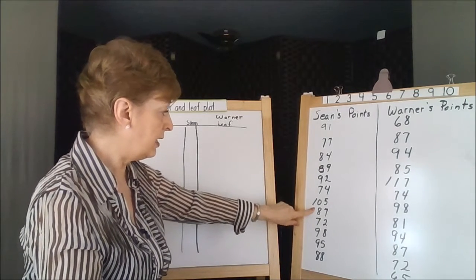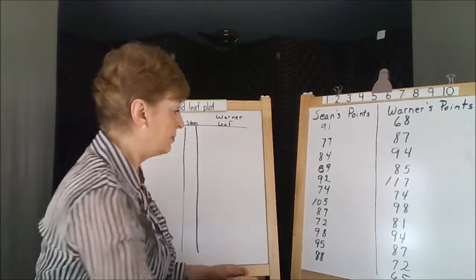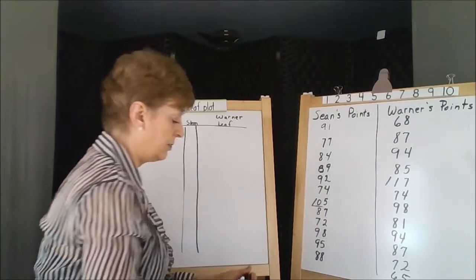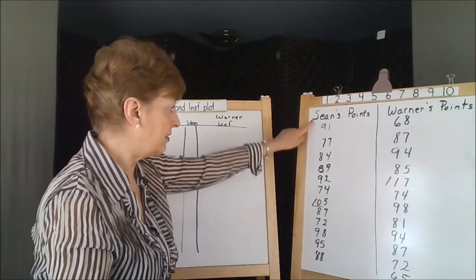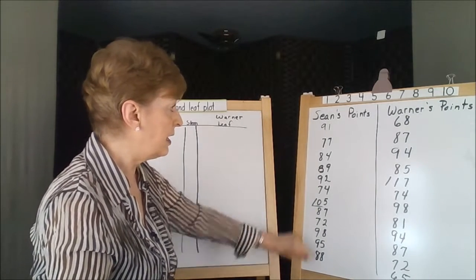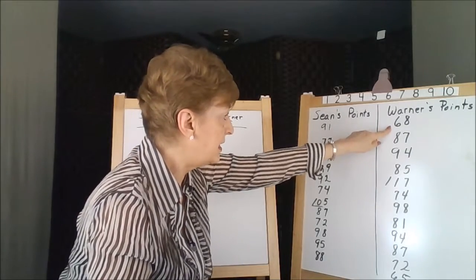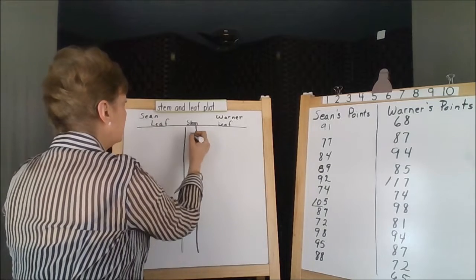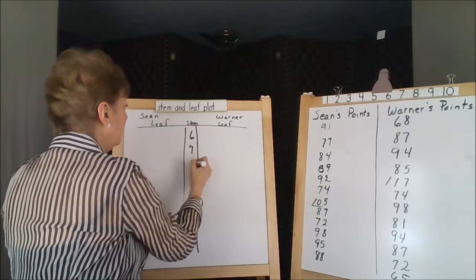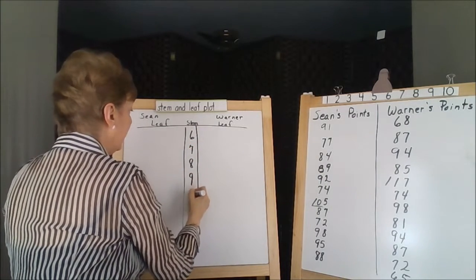Here's 100, so I'll need this much of the stem. 10 is going to be the stem on that one. And 70s, I think 70s is the lowest one on this one. And over here, we have a 60.